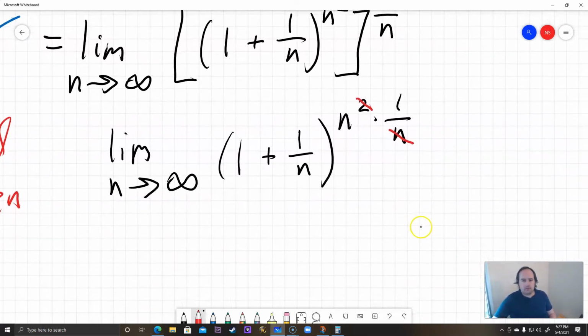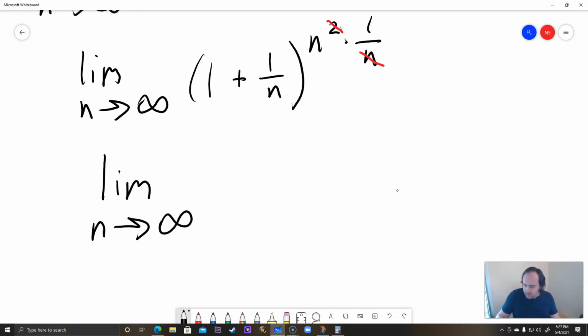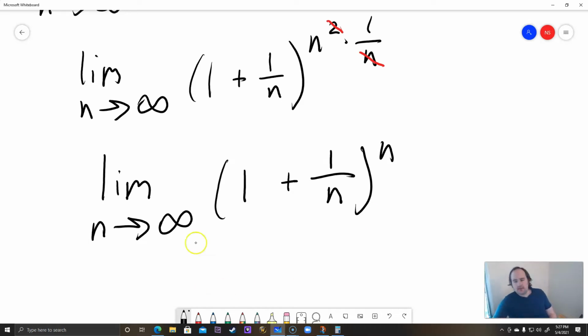Okay. And then this would be the point where most people would get stuck if they didn't have the hint. Because here we have the limit as n goes to infinity of 1 plus 1 over n quantity to the nth power. And because that's raised to the nth power, it's not really clear what this would become.